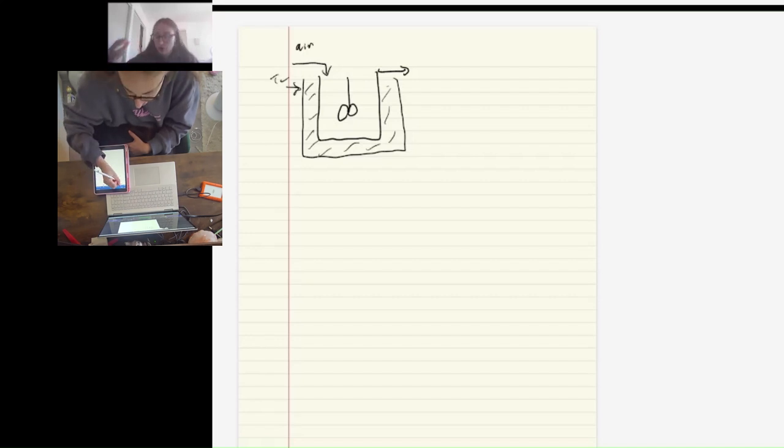Also, we have a concentration. A reaction is happening, and there is an initial concentration going into the tank, so we have a Ca in.